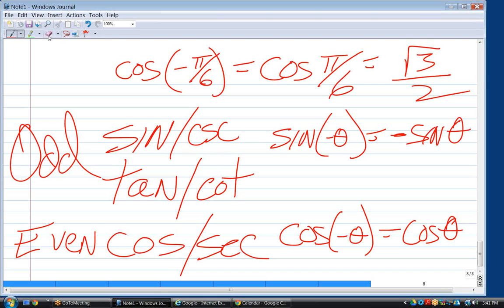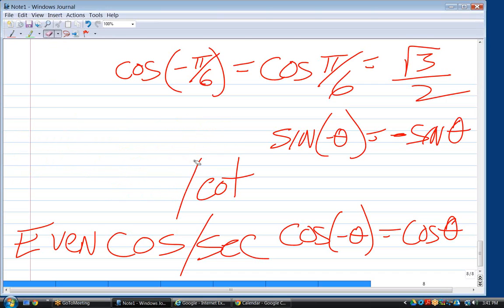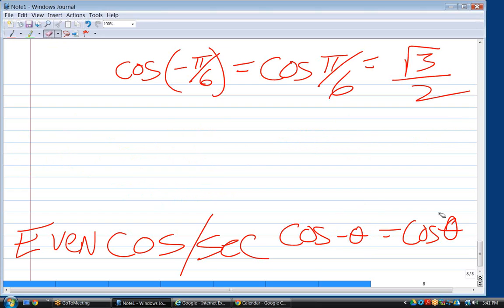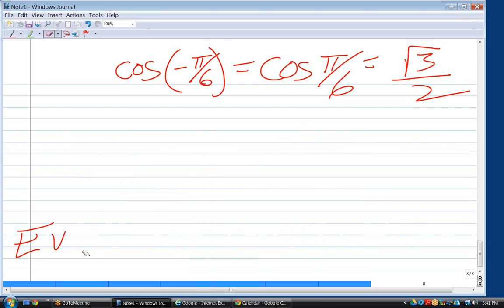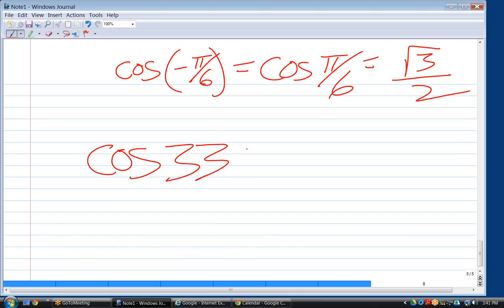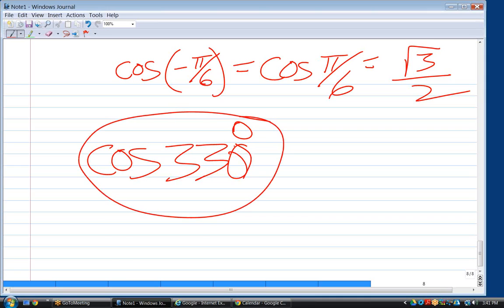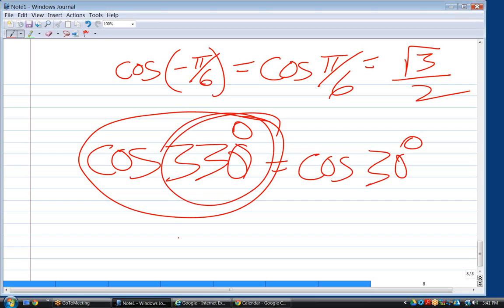Now, you could do it the hard way. And by that I mean, minus pi over 6 is minus 30 degrees. Minus 30 degrees is the same as 330 degrees. Now, if I try to figure out the cosine of 330, I do 360 minus 330. So I'm looking at the equivalent of cosine of 30 degrees. It's in the fourth quadrant. It's going to be positive. It's square root of 3 over 2.